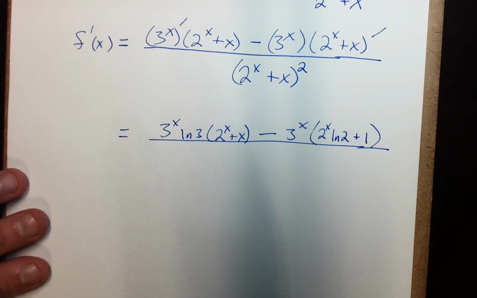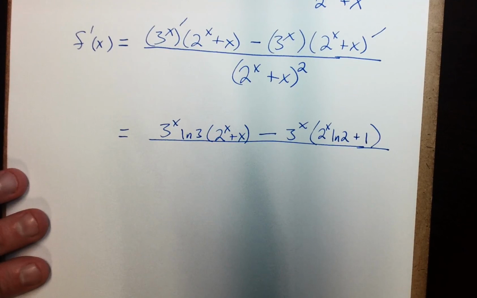So the derivative of 3 to the x. Well, very simple formula. The derivative of a to the x is a to the x ln a. So the derivative of 3 to the x is 3 to the x ln 3. Then you've got the 2 to the x plus x minus 3 to the x.